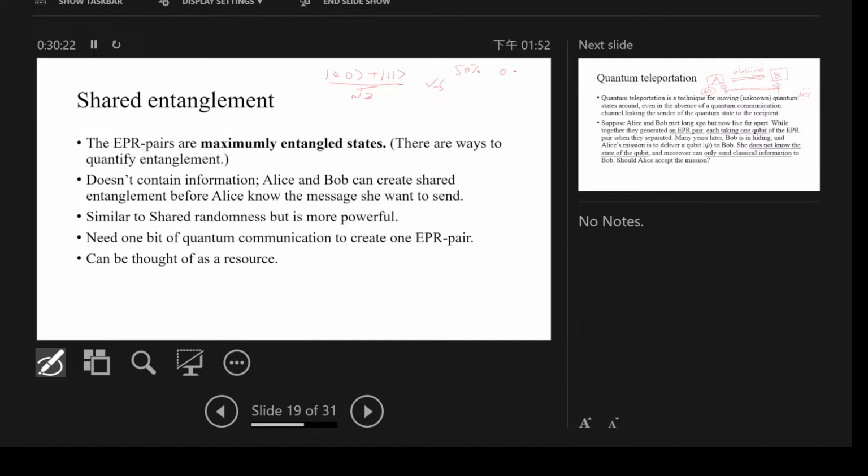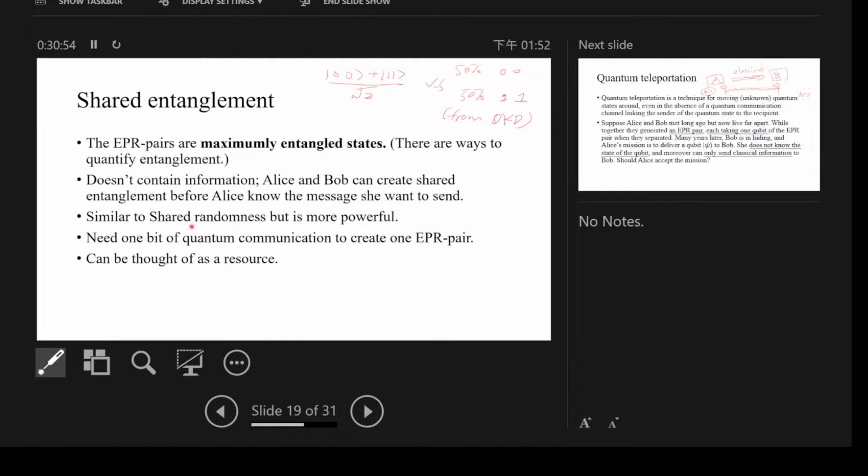50%. So maybe Alice and Bob share one bit of classical randomness. Alice has a random bit and Bob has the same random bit, and maybe they get this from QKD. You could think of this state as just that in a very complicated form, but indeed it's different.